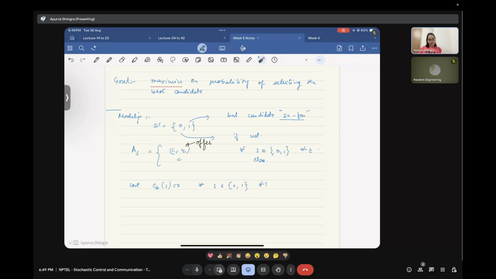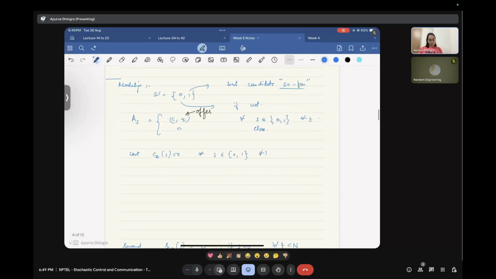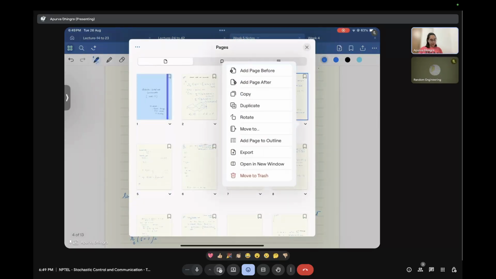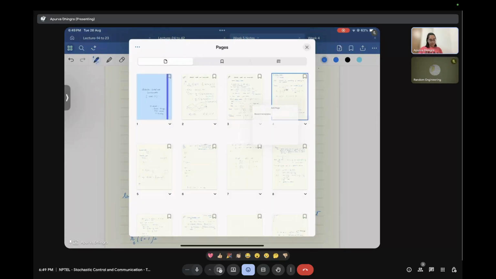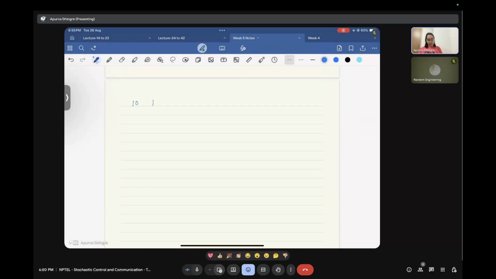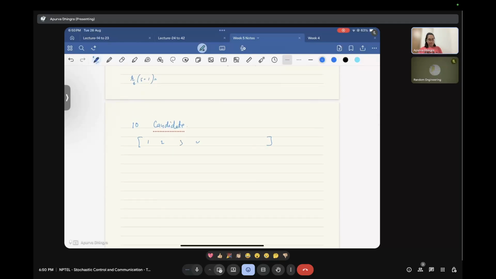So maybe we can pause here, take a slide example, and then continue. So let's say there are total 10 candidates who show up for an interview, okay? There's a true ordering. So let's say these are the candidates, and their true ordering is this one is the best.